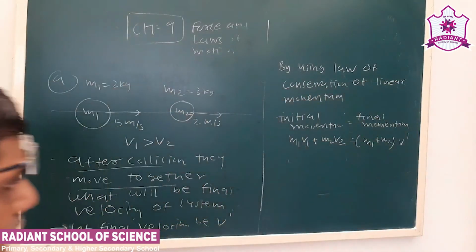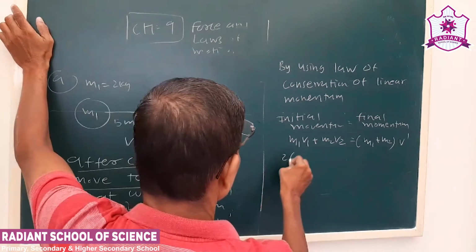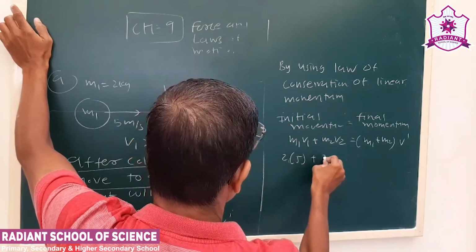Now we substitute the values. m1 is 2, v1 is 5, m2 is 3.